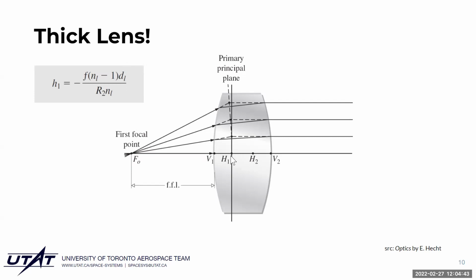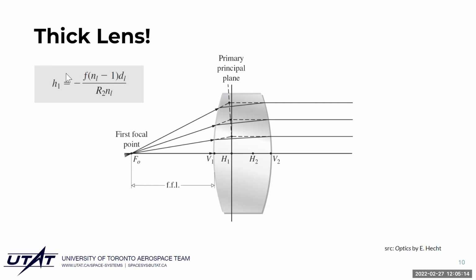Okay. So how do we compute where these focal planes are? Because those are the places that we can do our math with respect to, right? So it turns out, if you know the focal length, the refractive index of the lens, the thickness of the lens, and the radius of curvature of the second surface, R2, if you know these four things, you can compute this one.